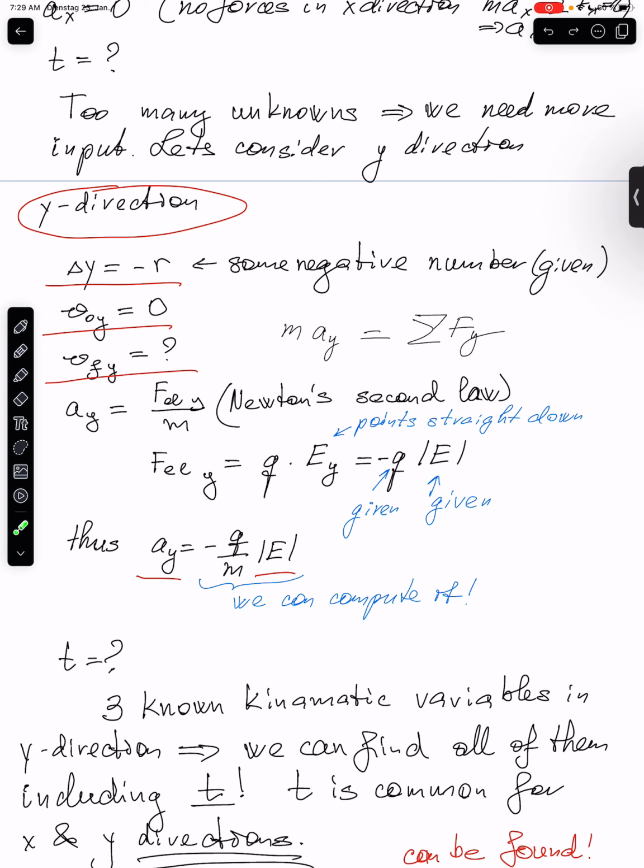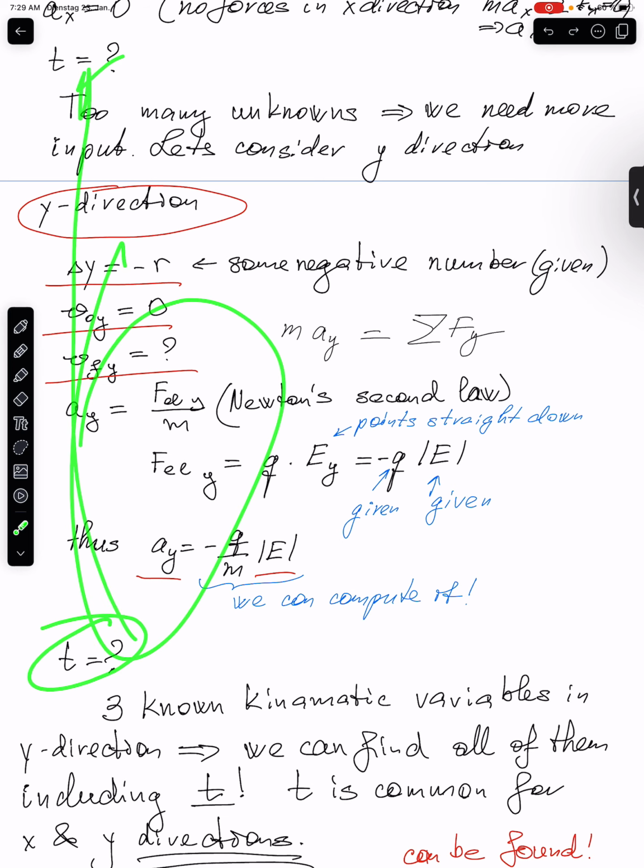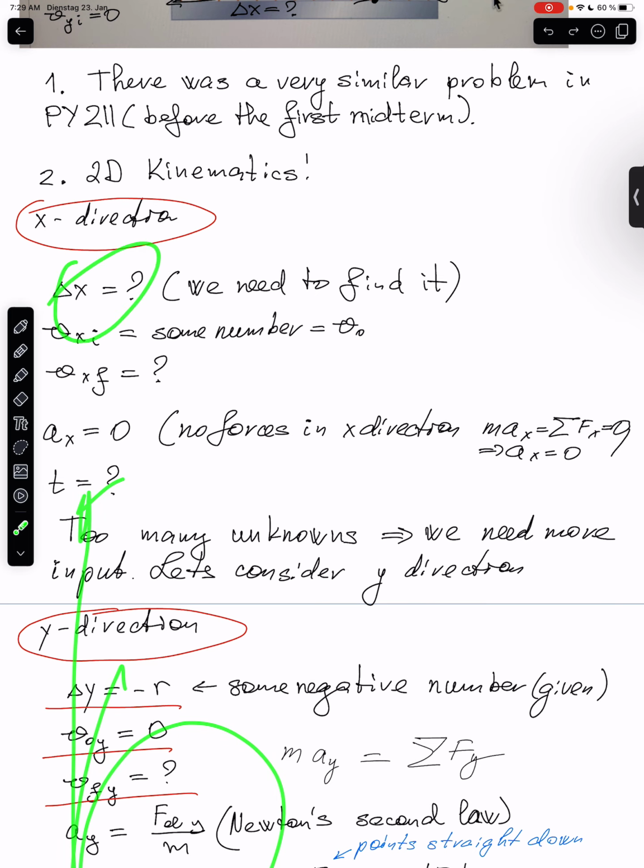So there is only one such equation, and from this you'll be able to find t. Now, I actually solved this problem until the end, but I'm not going to show it to you. I will let you continue solving it. So you find t from here, you substitute into this part, and then you find delta x.